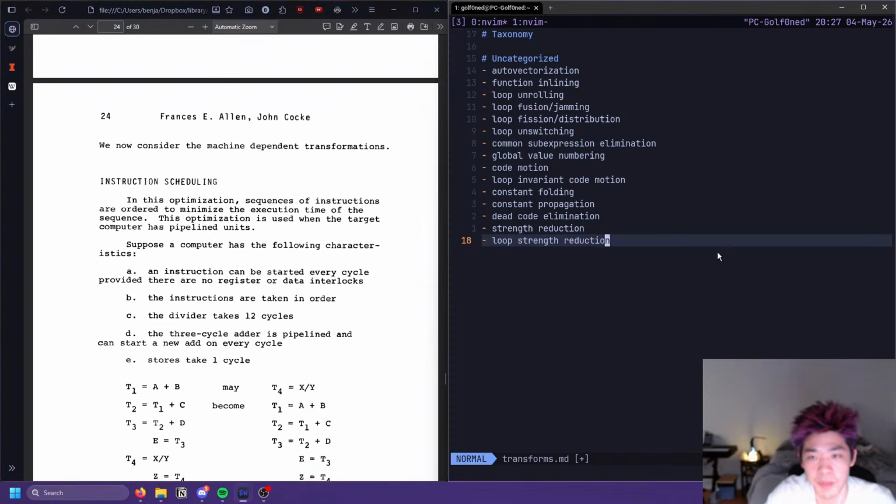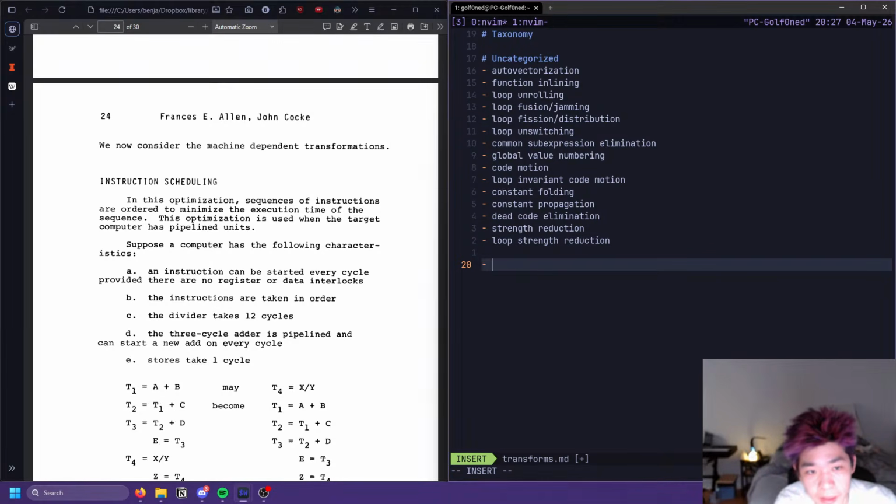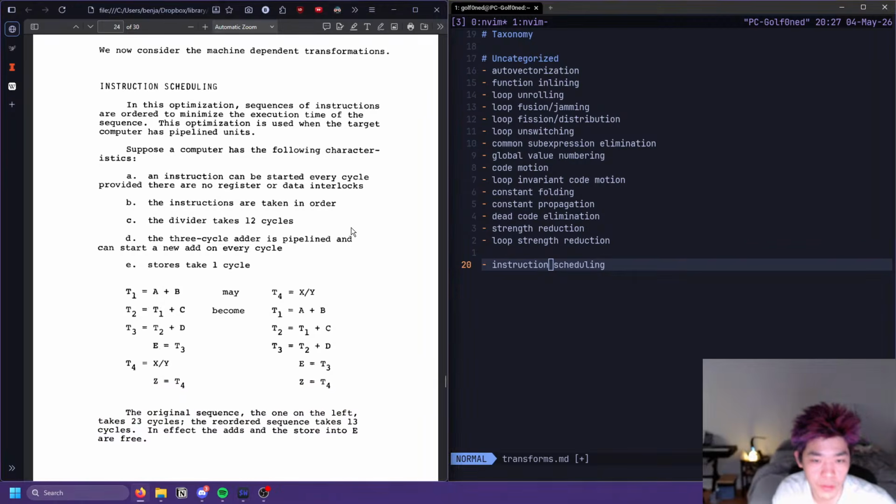Let's look at this pile now. So this will be like the backend pile. So we have like scheduling. I actually never learned properly how scheduling worked. Something about pipelining, that makes sense.